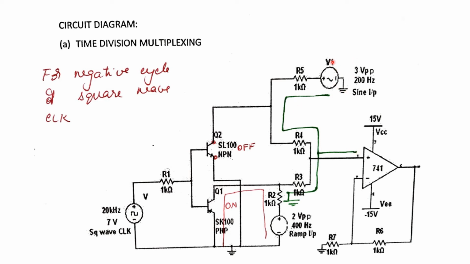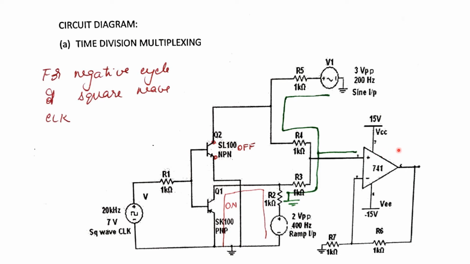The equivalent circuit will have the sine signal, R5 1 kilohm, R4 1 kilohm, and R3 1 kilohm, and the other terminal of R3 is at ground potential because this part of the circuit will be pulled down to ground.